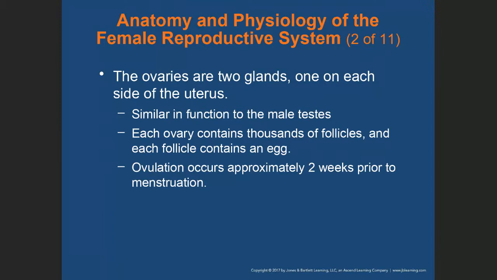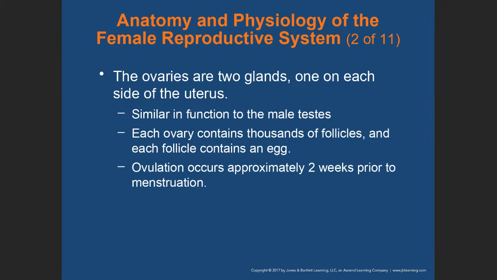Ovulation occurs approximately 2 weeks prior to menstruation. So the follicle matures, an oocyte is formed. The oocyte eventually becomes an ovum, and it's released.